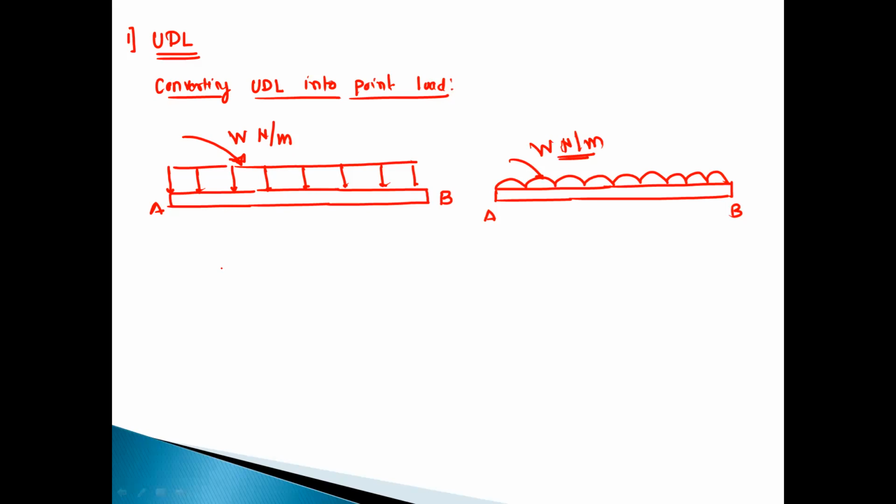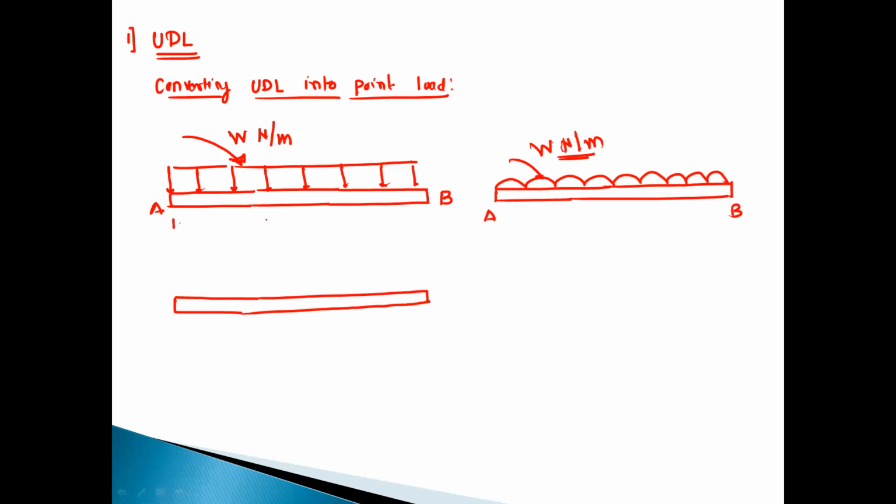Whenever you find out the support reactions, we have to convert this into a point load. So the conversion is, this is the span of the UDL.